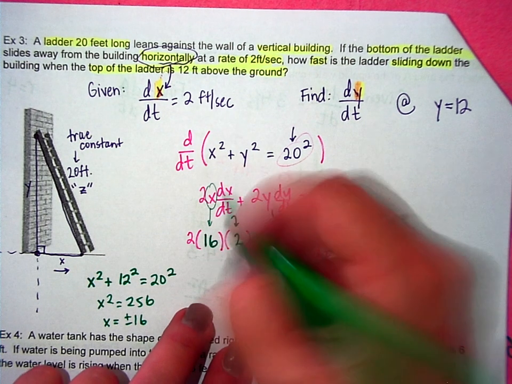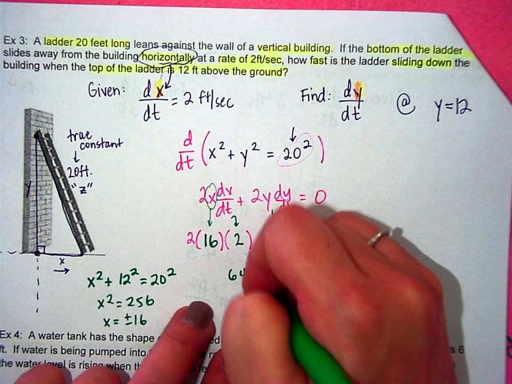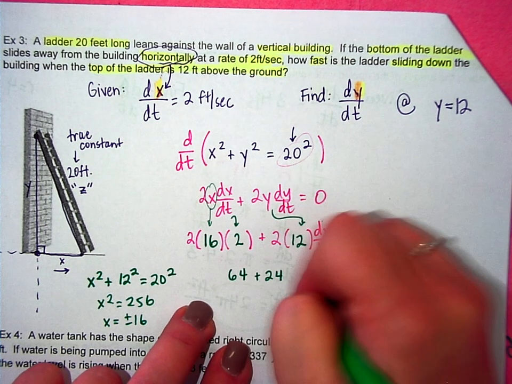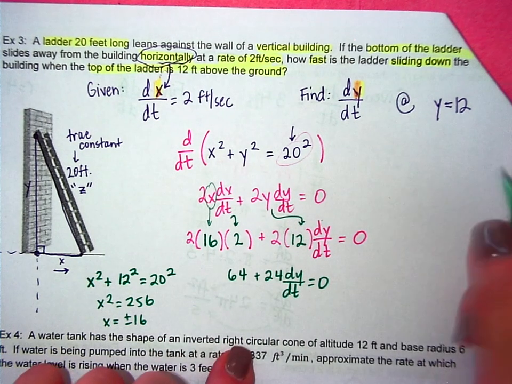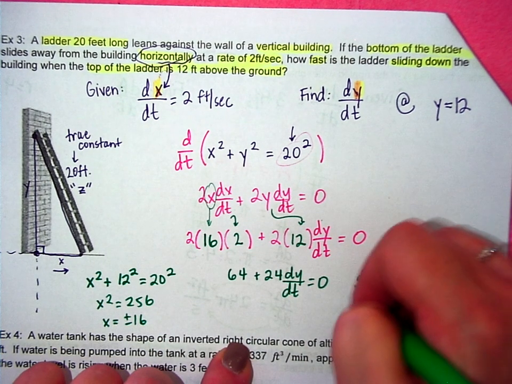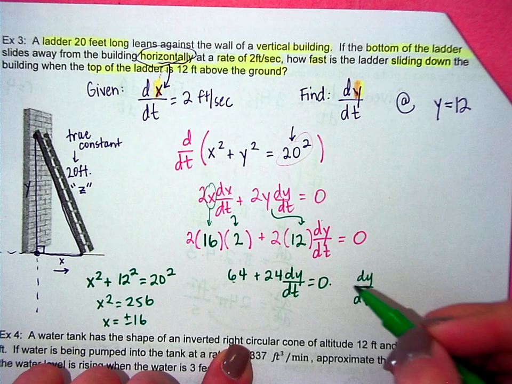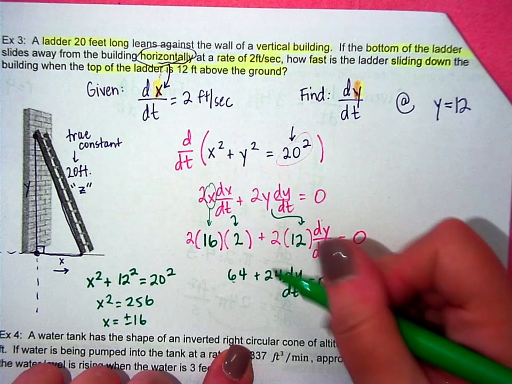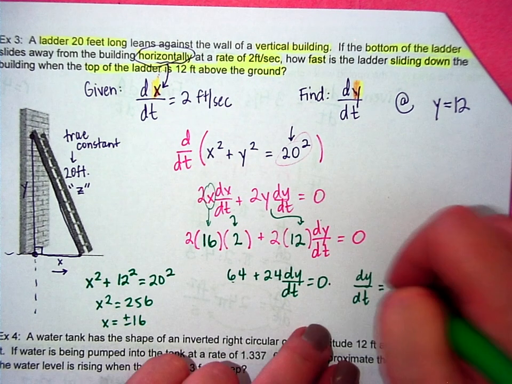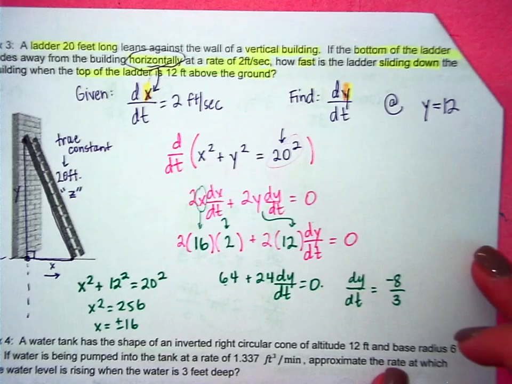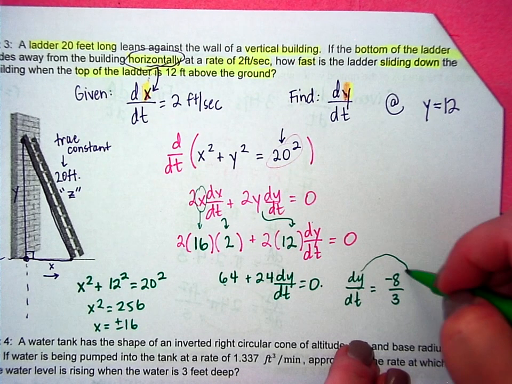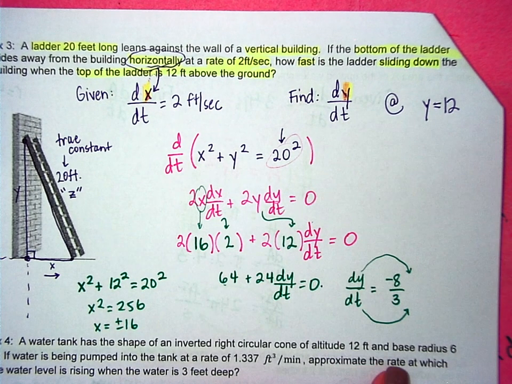And when I solve by subtracting 64 from both sides and dividing by 24, simplifying that, I get negative 8/3. And then I'm going to put units on here based on what y is measured in and what time is measured in. Y is a unit that measures length, so in this problem it's feet. And then seconds are the measurement of time.